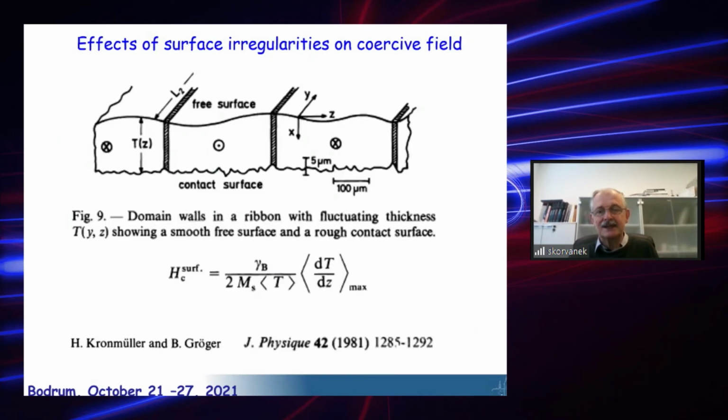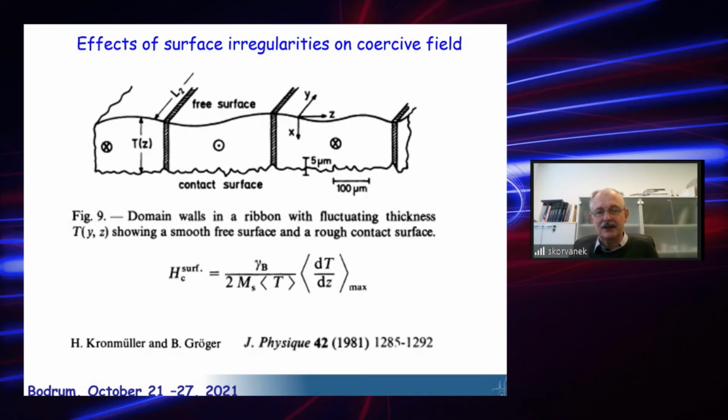And the explanation was we somehow considered that this system could be a nice system for proving the prediction of Professor Kronmüller. You see this very old paper. He analyzed possible contributions of different factors to coercivity of soft magnetic materials, amorphous soft magnetic materials in ribbon form.